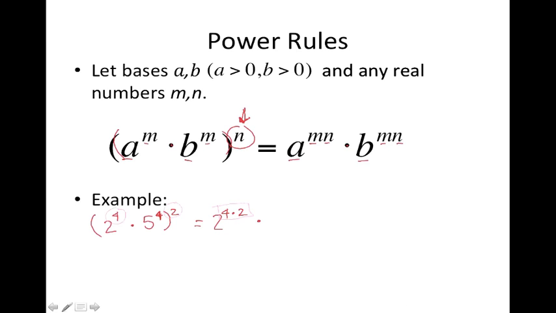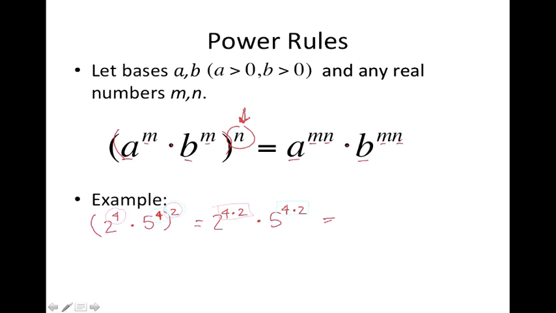And that's going to be multiplied by the second base with the second power multiplied by the new power. So again, we have this original power multiplied by that second power, and that's going to be there.